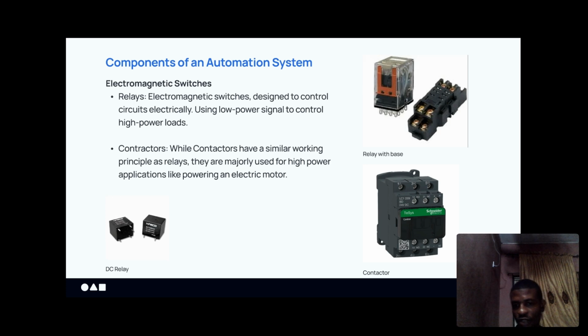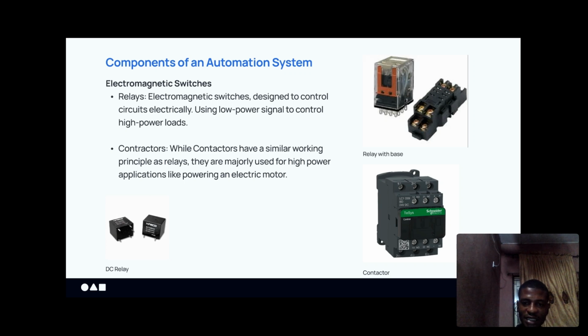Their basic functionality is that once power enters the coil, it is energized, and an electromagnetic field is formed, and that electromagnetic field causes a contact to either open or close, to either make or break. The difference between a relay and a contactor is that relays are used mainly for low power switching, but the basic principle between a relay and a contactor is basically the same.